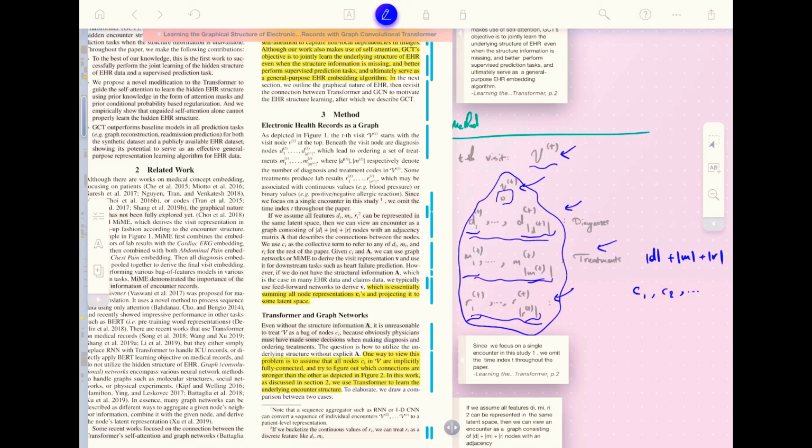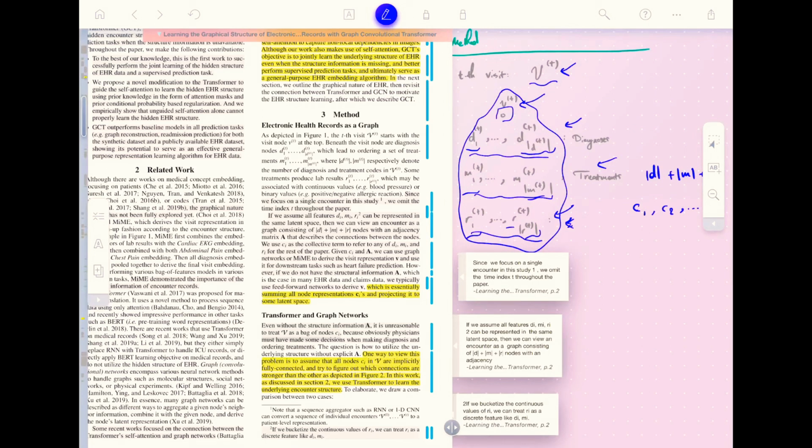One assumption that they have, which could be considered a limitation to this work, is that all of these nodes can be mapped to the same latent space, and they denote each one of these nodes as c_i. So we have c_1, c_2, and so on until the last c, corresponding to all of these nodes here.